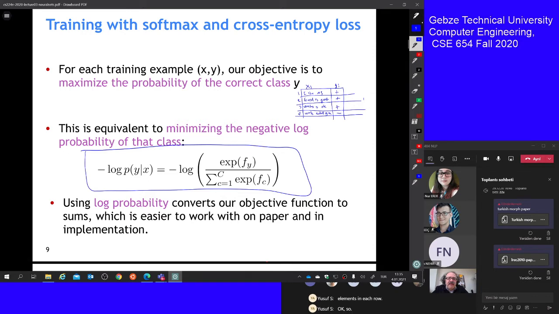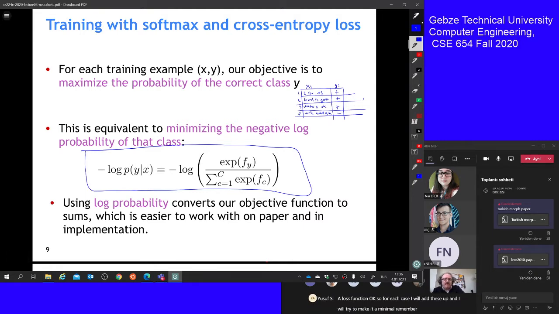Okay, so with the softmax, if I would like to do the training, this is what I am going to optimize. This is what I am going to minimize, actually: the total log probability, minus log probability, is the loss function. For each case I will add these up and I will try to make it minimal.